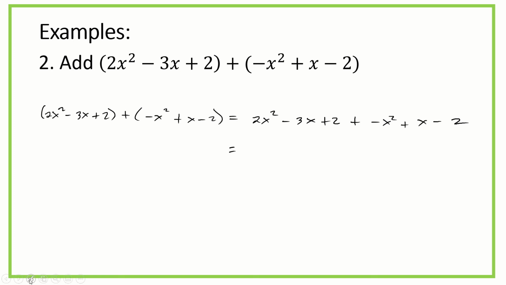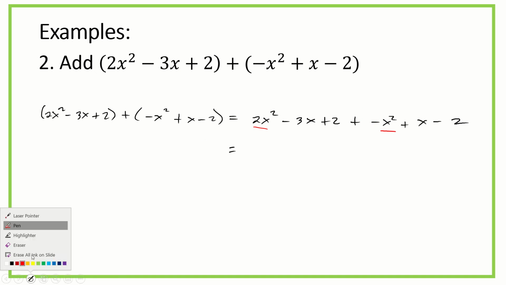So first, you have 2x squared. So check whether there is a like term. So upon checking, these two terms are like terms. And don't forget, this is a minus, and this is a negative x squared.